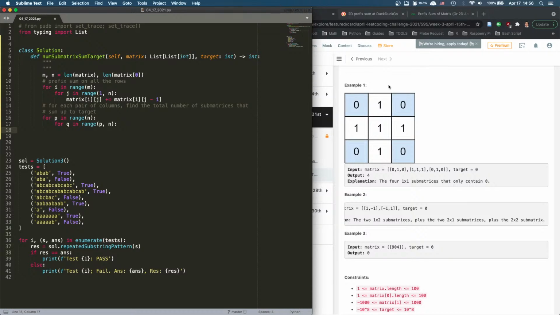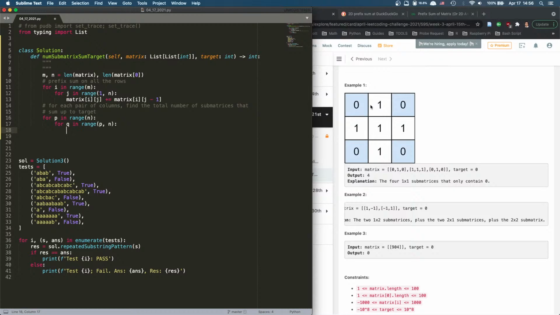So for any two, we need to compute the current value of this row, right? Bear with me.